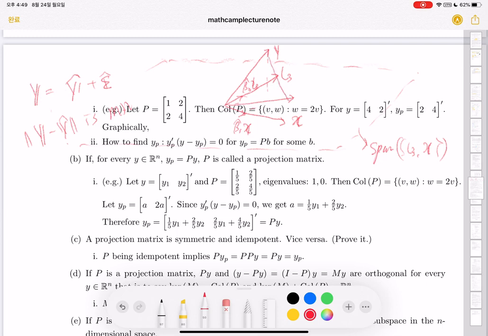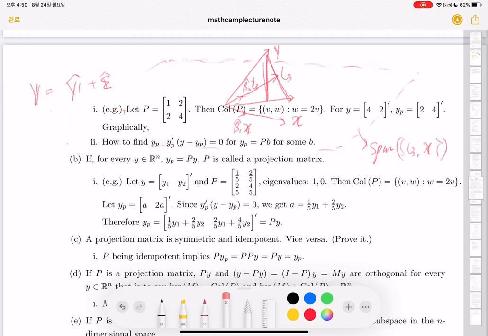This is not a projection vector, and the fact that this is not a projection vector implies that this length is greater than the length of epsilon hat. So in fact, when your y hat is a projection of y onto this space, the length of this vector y minus y hat is minimized. So the way you find the projection vector is minimizing the length of this one.